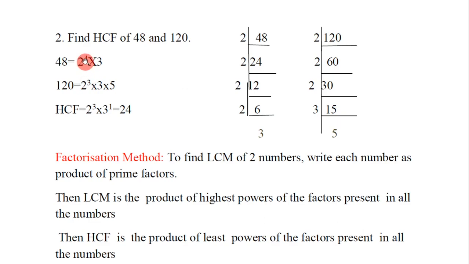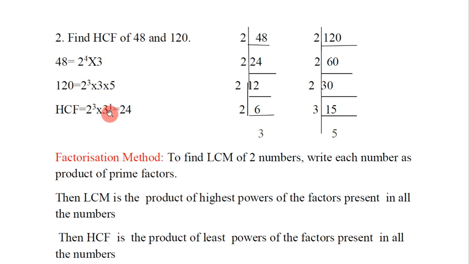So 2 power 4 looks higher, it is greater than 2 cube, but it is not common in 120 and 48. So the highest power which is common in 120 and 48 is 2 cube, but it is the least among 4 and 3. So note that to find the highest common factor, we have to find the least powers which are common in both numbers. So it is 2 cube and 3 power 1. The least power is 3 power 1. Then 5: 5 power 0 here, 5 power 1.